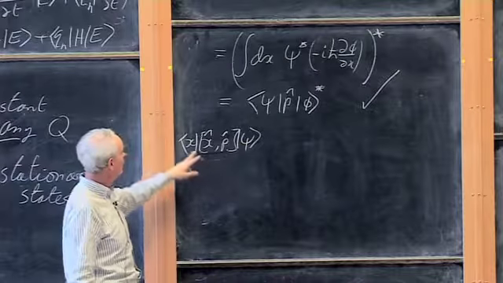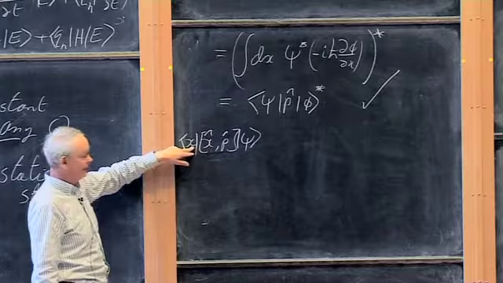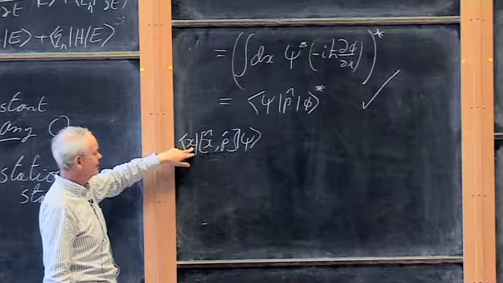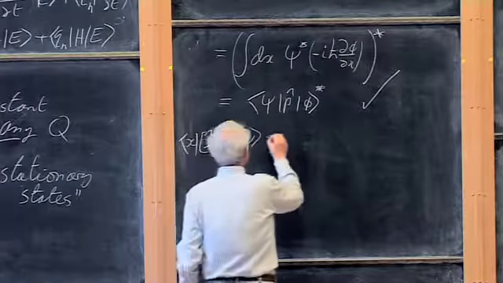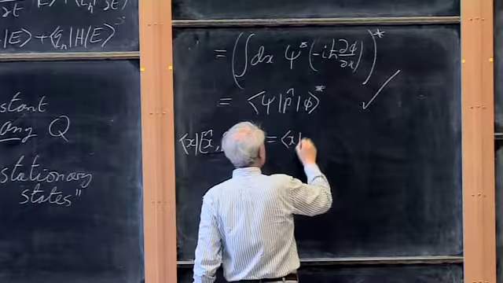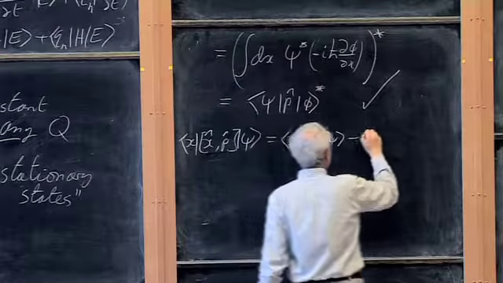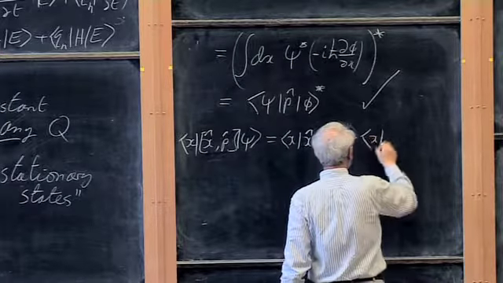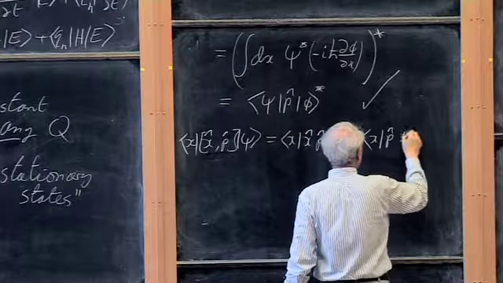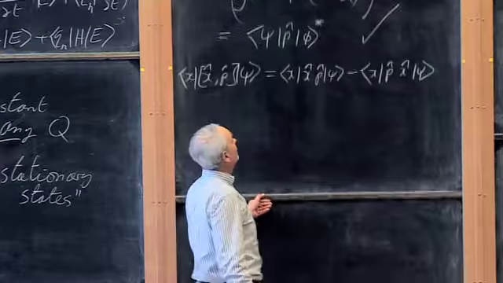So I want to work with wave functions, which means I put a bra x at this end here. And what does this give me? So this is going to be, obviously, x hat p hat of psi minus p hat x hat of psi. No prizes for that.